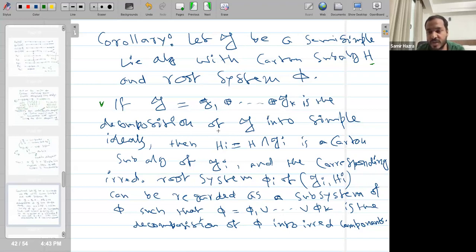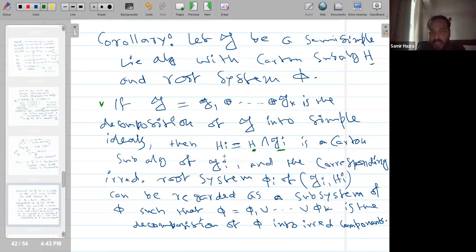So basically you decompose it into simple ideals. Then you have the Cartan inside G. You consider the intersection of H with each of the summands here. Then this intersection will give you some H_i.